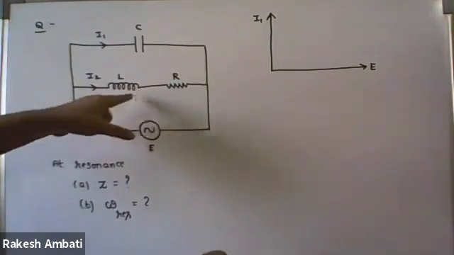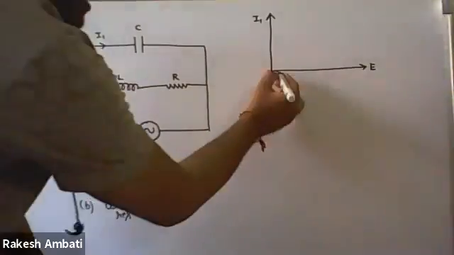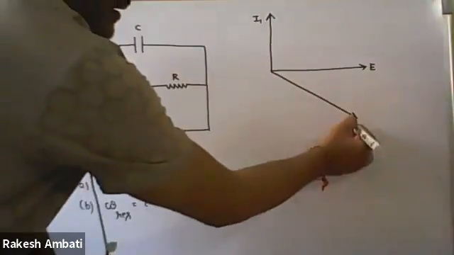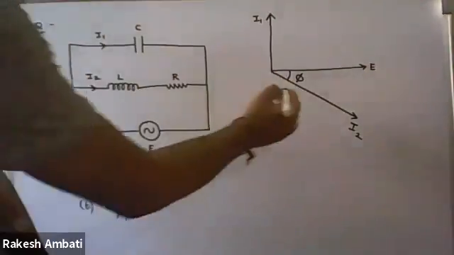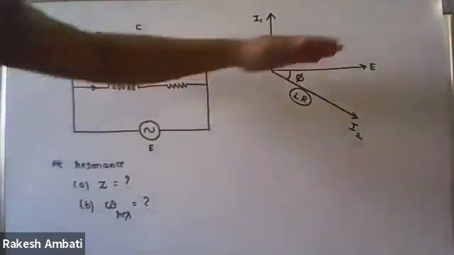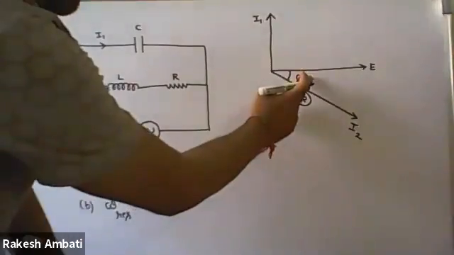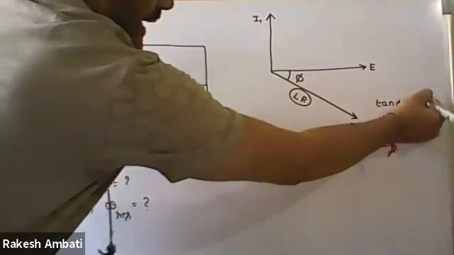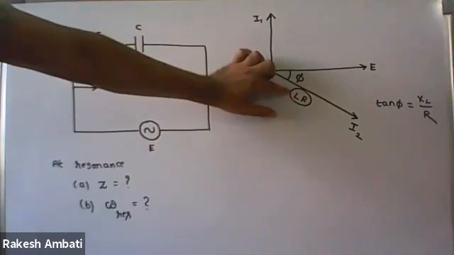It is an LR circuit, so the current lags by an angle phi. And how to find this phi value? Tan phi equals XL upon R.